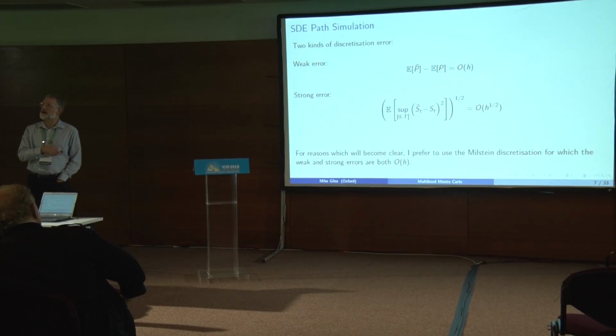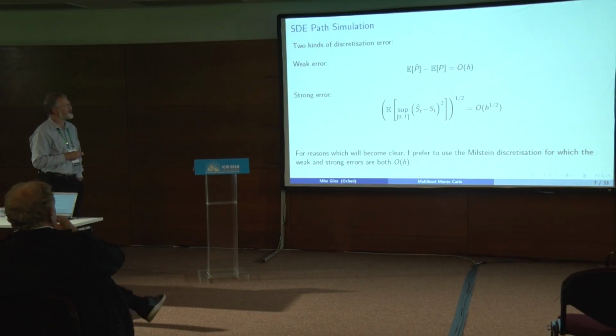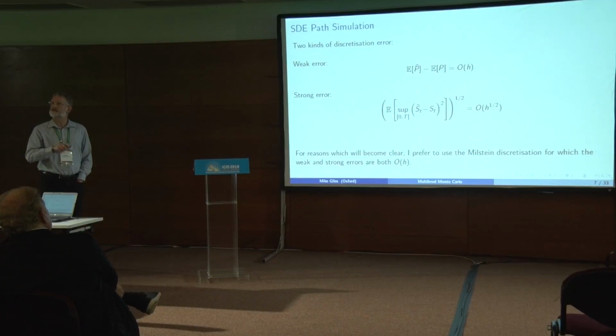Now, when you have that kind of discretization, the Euler-Maruyama discretization, there are 2 kinds of discretization error associated with that. One is the weak error, which I've already mentioned.